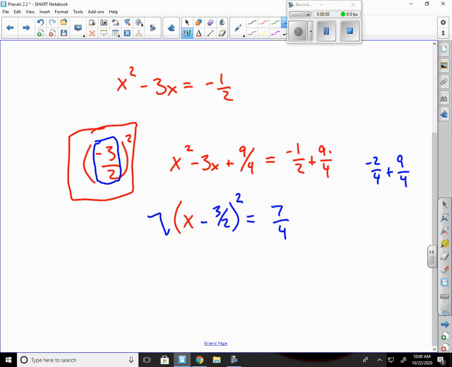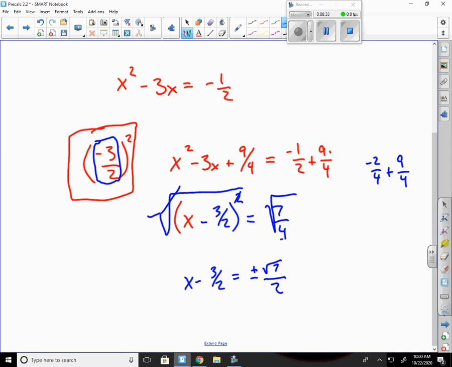Now I take the square root of both sides. That's going to cancel my square out. I'm left with x minus 3/2 equals plus and minus the square root of 7 over 2. Why is it the square root of 7 over 2?